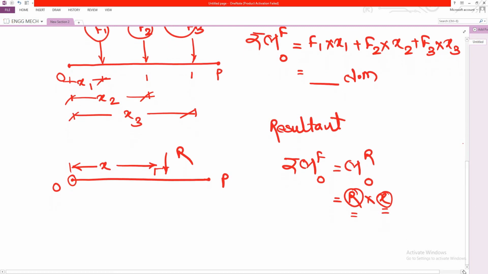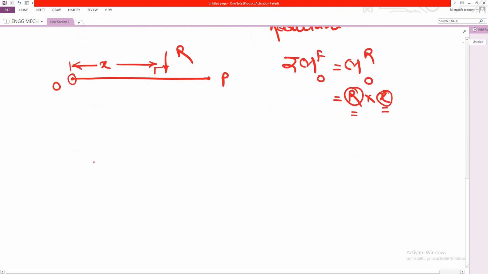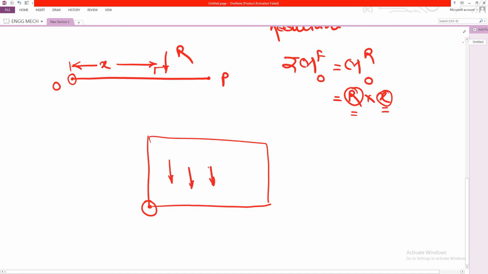Now, where do we use this Varignon theorem? See, if we want to find a specific position of the resultant with respect to a specific point, then we can use this theorem. After using it, we can replace a number of forces with a single resultant force, but the reference point will be the same.